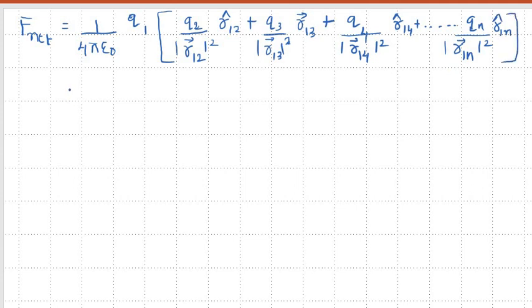Now if you want to generalize this one, then it can be written as 1 by 4 pi epsilon 0 Q1 sigma, this is F net force on Q1.